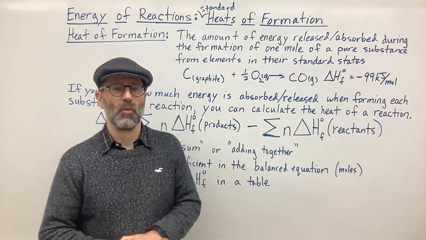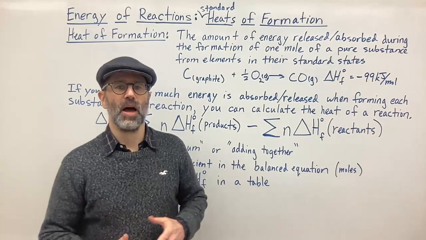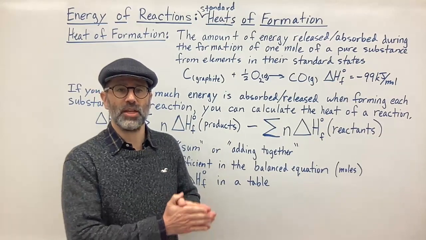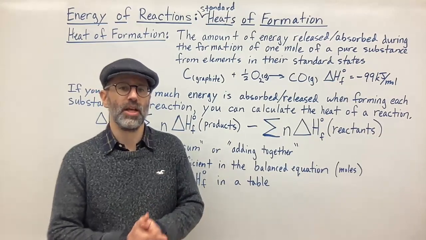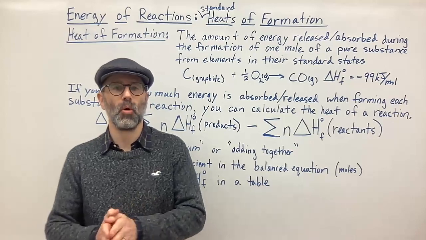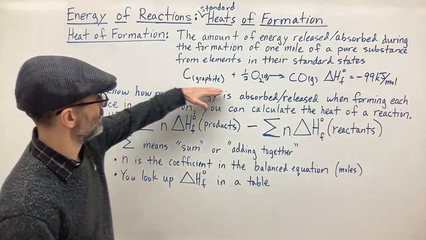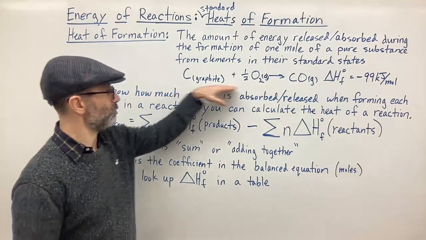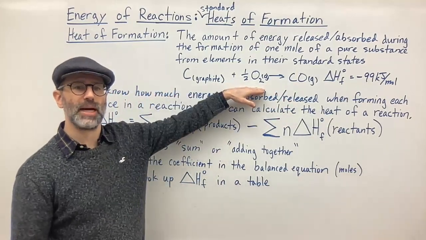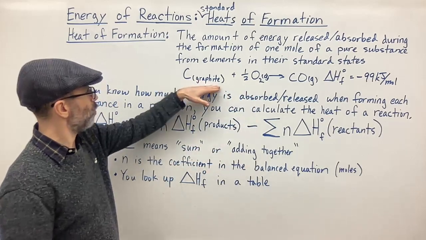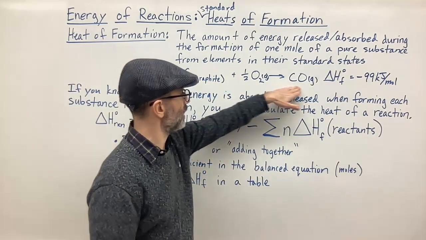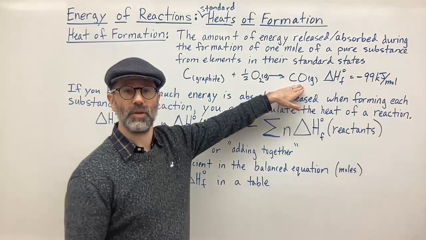And so when we write an equation for the heat of formation, 1 mole of the product is formed. Here is an example of a reaction for the formation of carbon monoxide. Here, we're forming exactly 1 mole of the product.